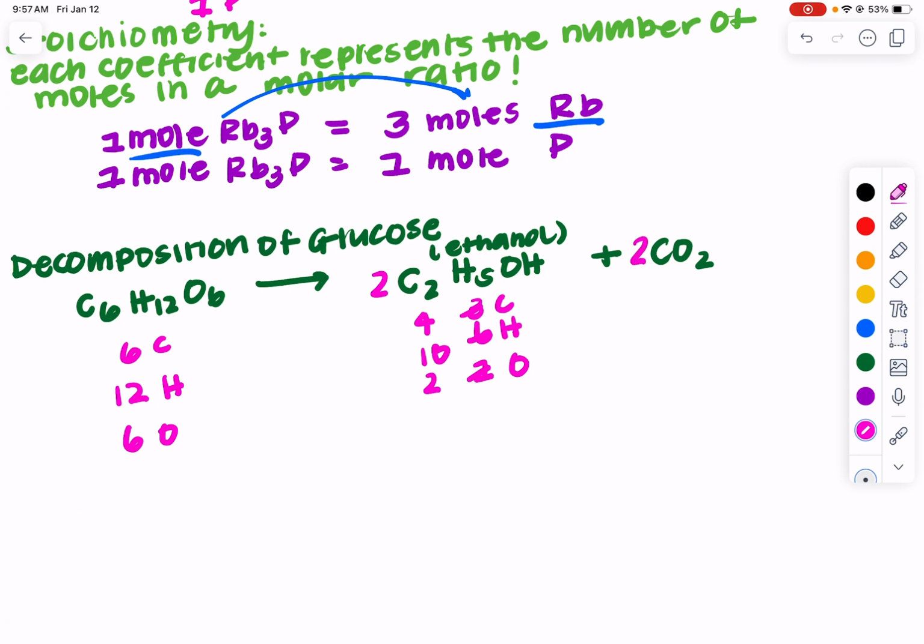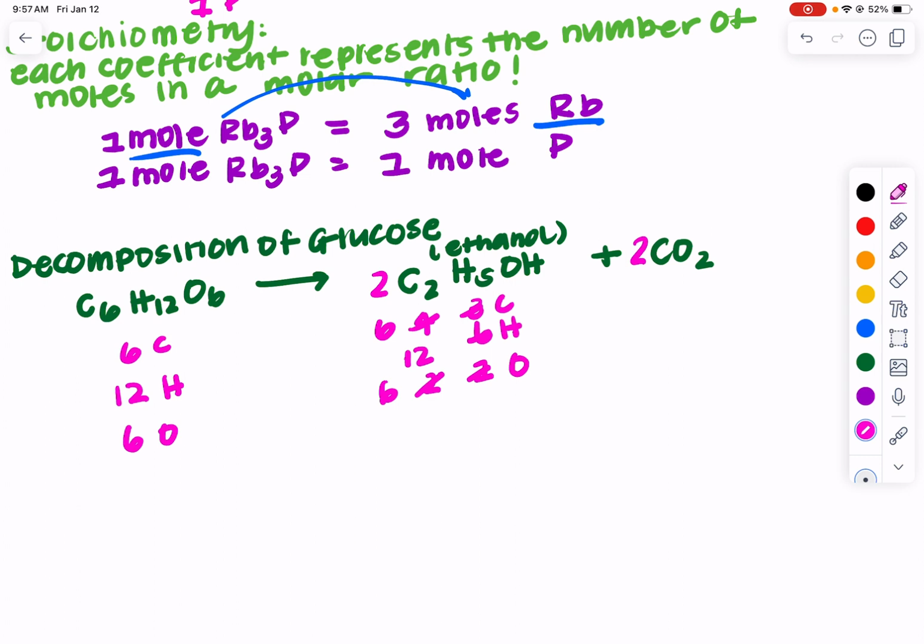And if we double this side here, we'll now have 6 carbons. Oh, sorry, this should be 12. I'm making mistakes. And this should be 6. So now we're balanced.